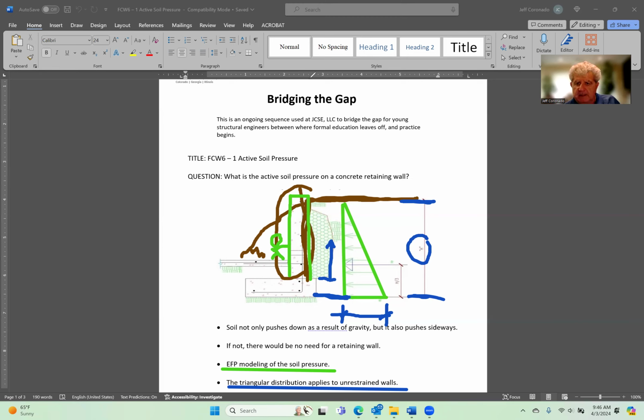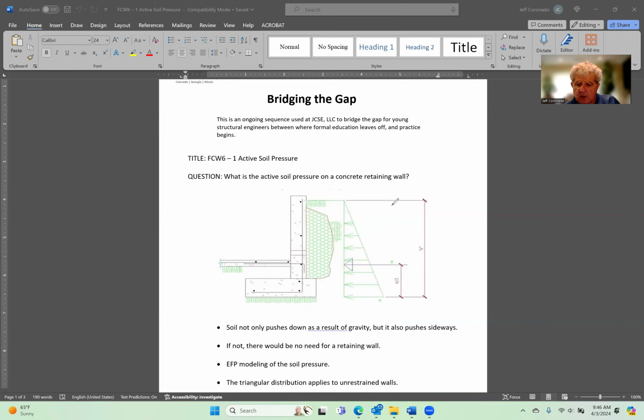So let me clear this. If we do have this triangular pressure here, just be aware that the centroid of this triangular pressure is at the 1/3 point up the height of the triangle.